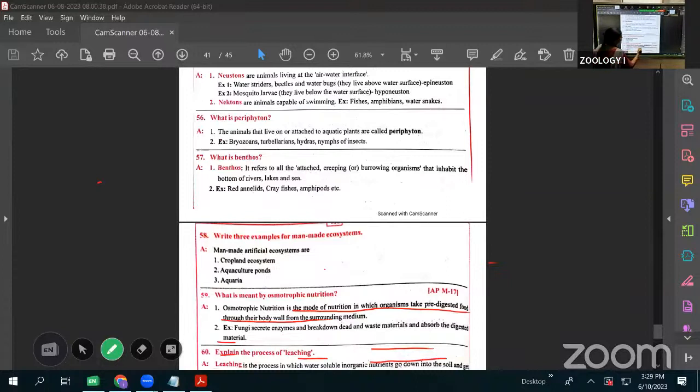That type of nutrition is called osmotropic nutrition. Fungi secrete enzymes and break down dead and waste materials, and absorb the digested material. They digest it and absorb the digested food, that we call osmotropic nutrition. Example is fungi.